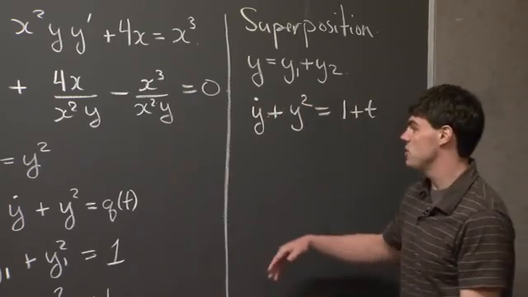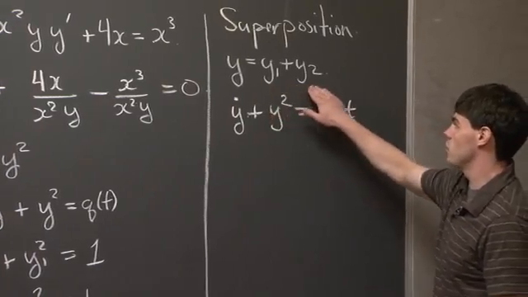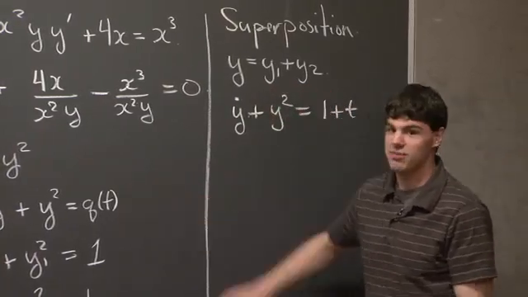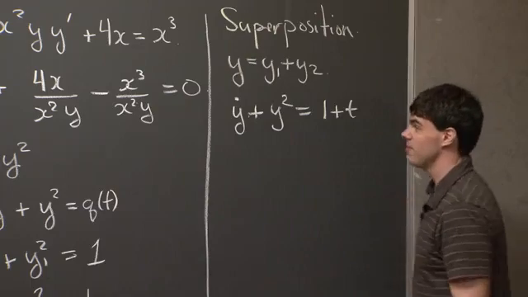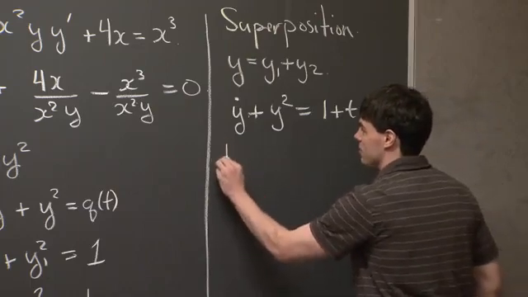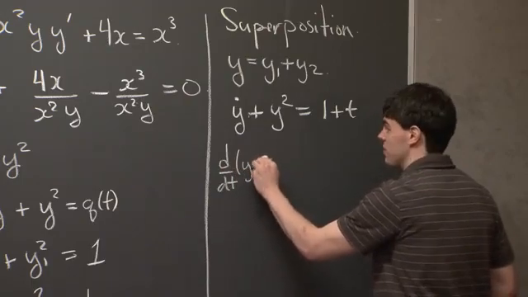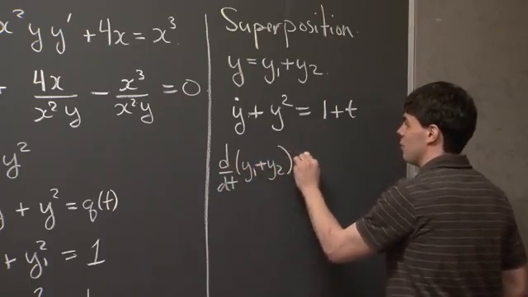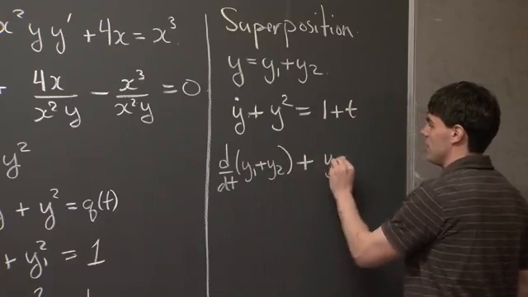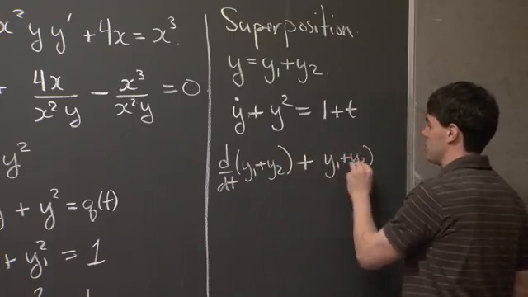So if we try and substitute in y1 plus y2 into this equation, we're going to come to a contradiction. So let's do that now. So we take d by dt of y1 plus y2, and I'm going to add it to y1 plus y2 quantity squared.